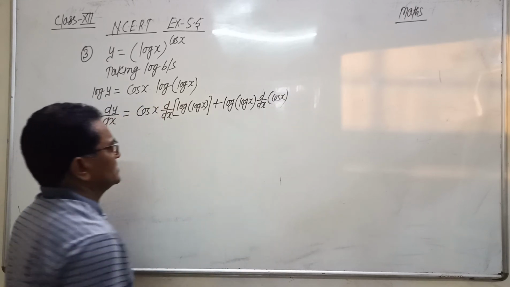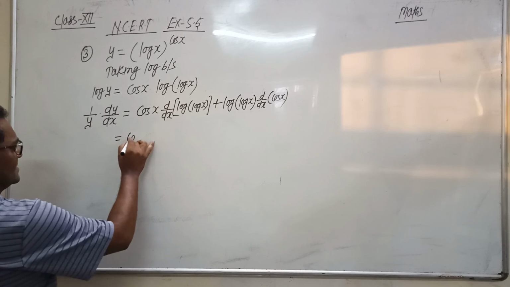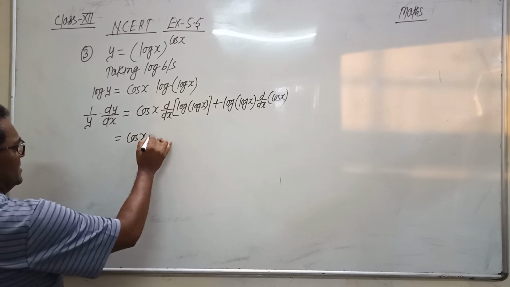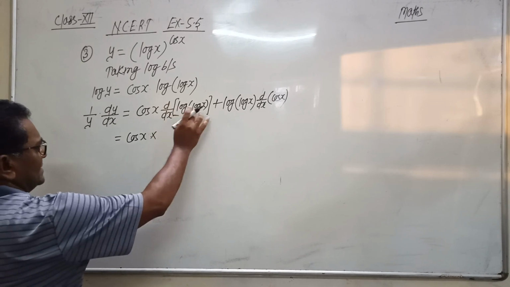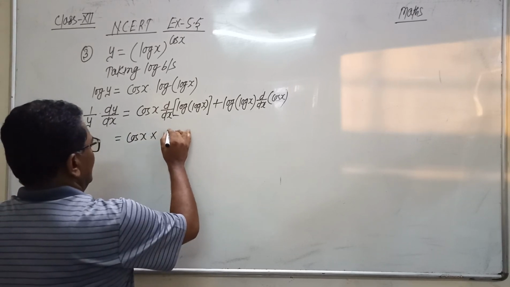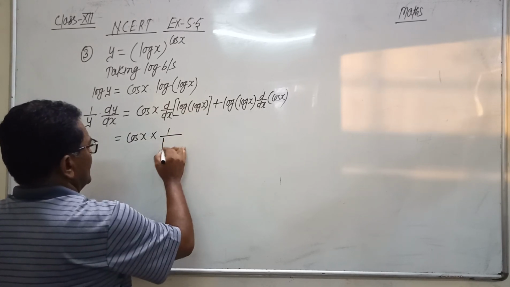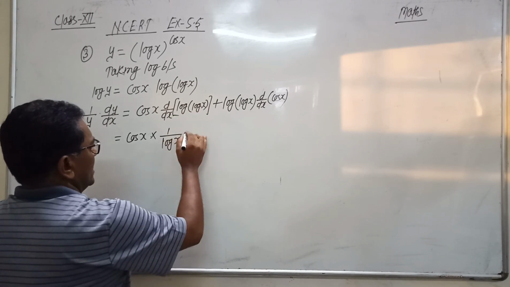u means cos x. Now cos x as it is, d by dx of log x. So in place of x there is log x, and differentiation of log x is 1 by log x. So 1 by log x. Why does it become 1 by log x?